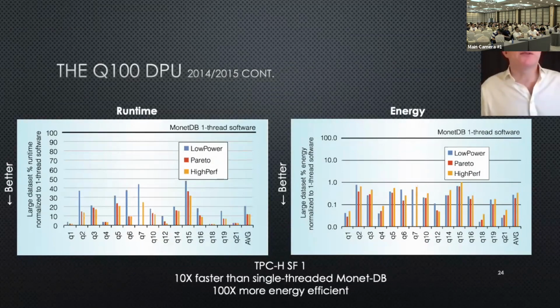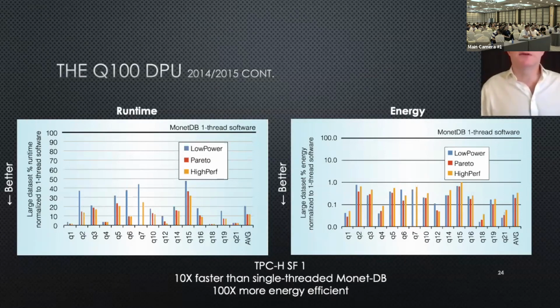And you can see on the left, where we show the runtime, that the performance is pretty good compared to single-threaded software. If you imagine an ideal multi-threaded implementation on a conventional CPU that provided 10 threads, the performance might be roughly the same.